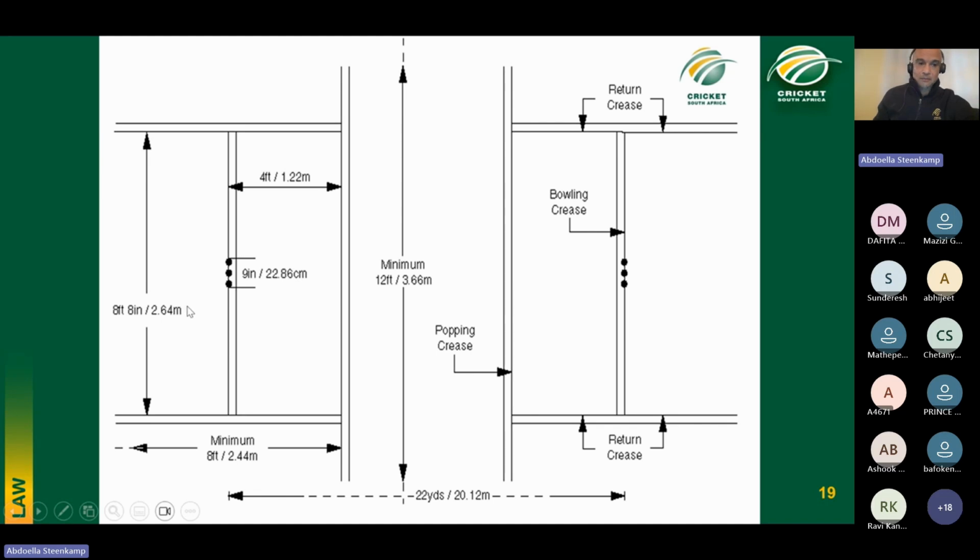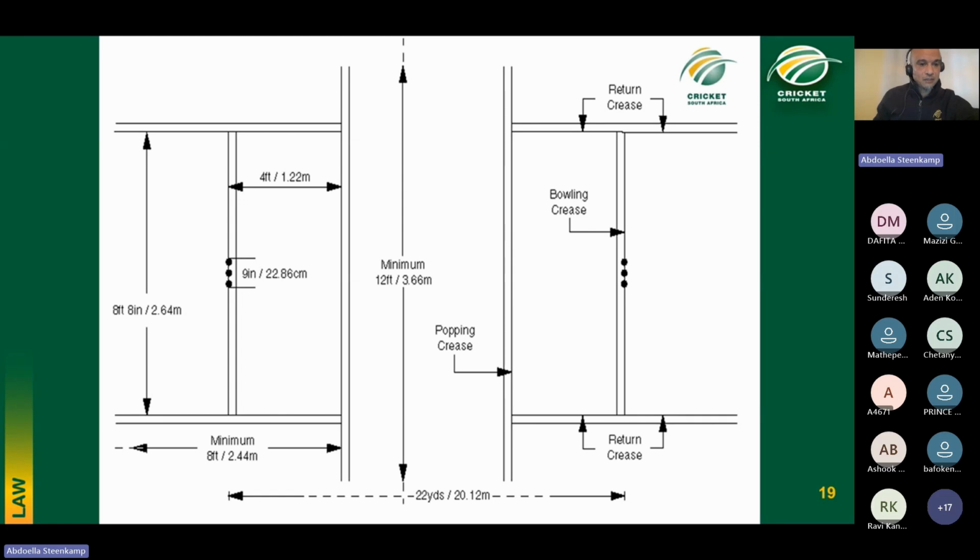If in your exam the diagram shows an arrow that starts at the one return crease and then ends at the middle stump, now they're not looking for the full length of the bowling crease. They're only looking for half the length. So just look at the arrows.